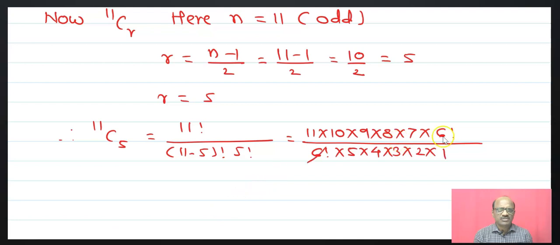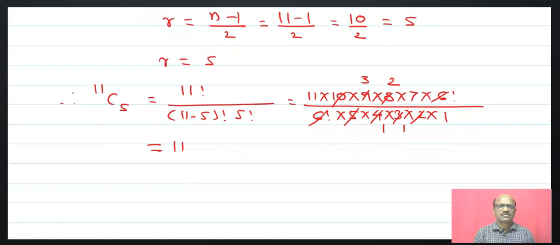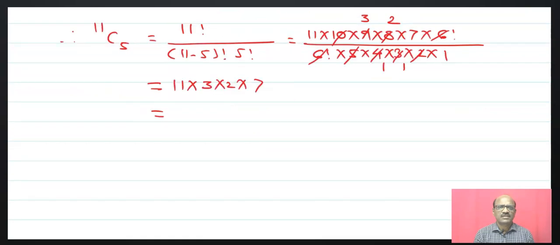Now extend it up to the 6 factorial, that cancels. Normal calculations are there. That is equals to 11 into 3 into 2 into 7. Therefore 462.